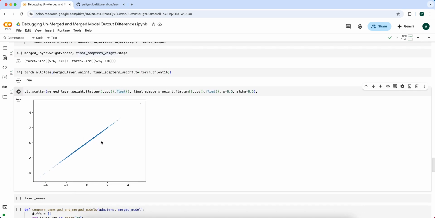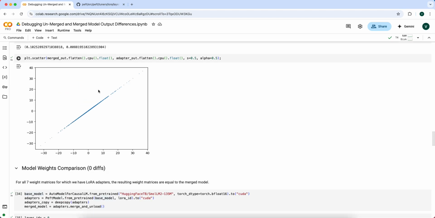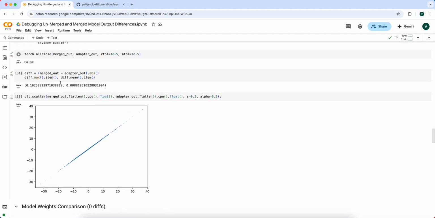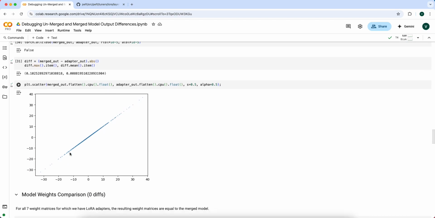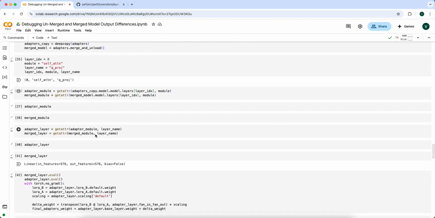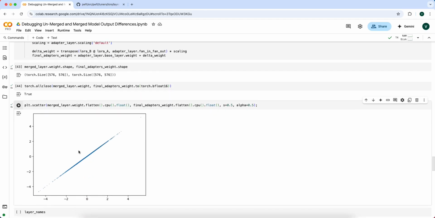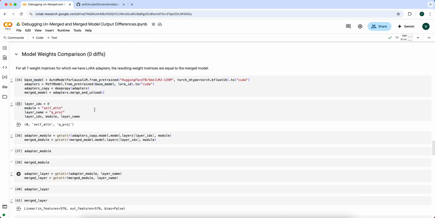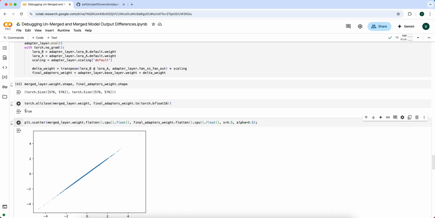And one thing I'll note here is that looking at this chart, when we were looking at a single output for qproj and we were looking at float32, this chart here looks very similar to this chart here. In fact, this actually looks like it has more variance than this one, even though torch allclose is true.